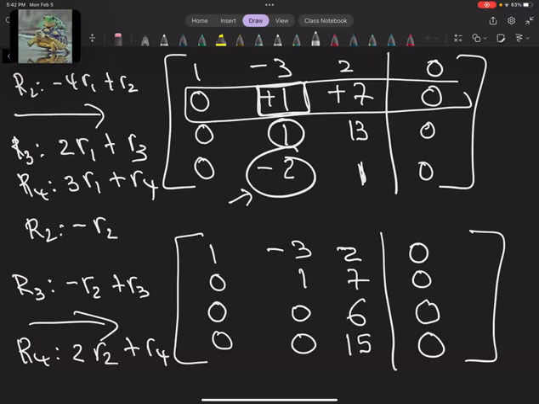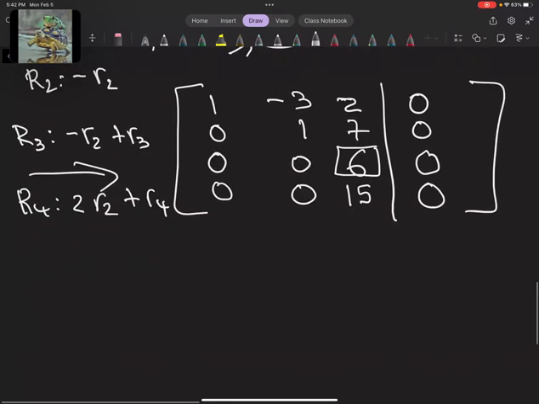And now I guess I have to use this one, right? I had to make that one a 1.